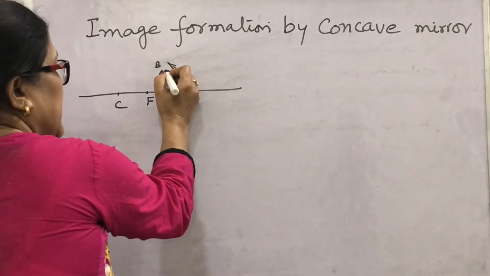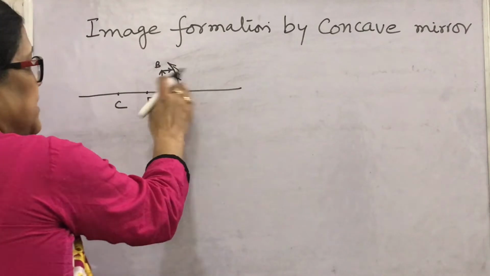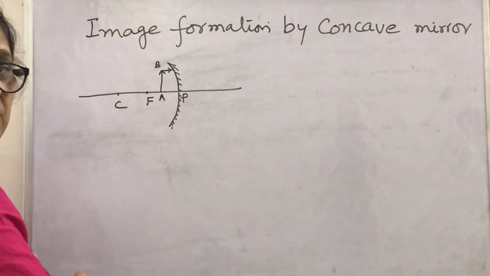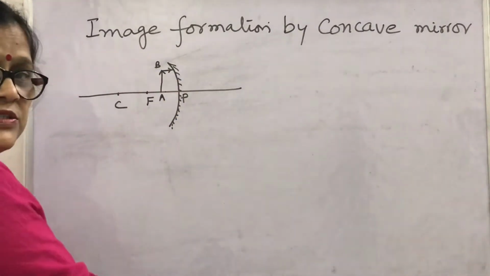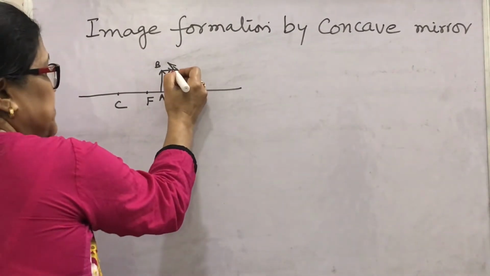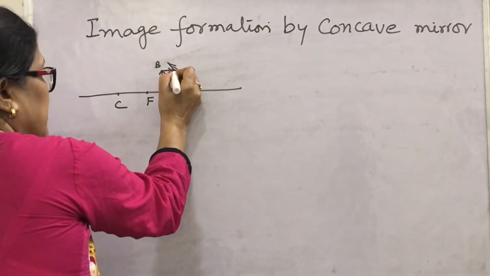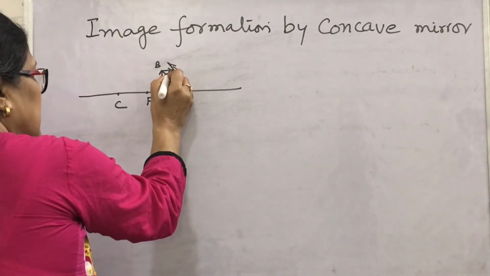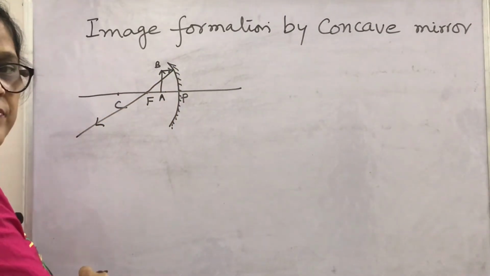If a ray is parallel to the principal axis, this is the incident ray from the object. After reflection, a parallel ray will pass through the focus. You join this point and focus, use your scale, to show the reflected ray.